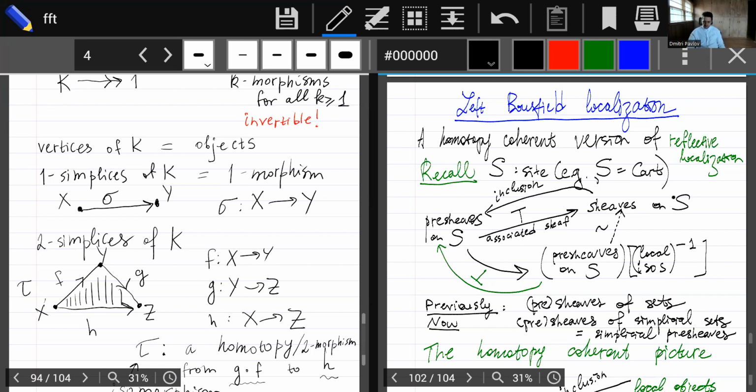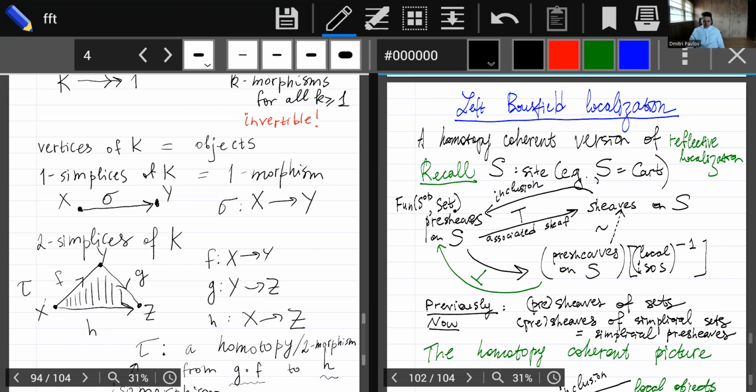Okay, so let me recall that if you have, say, some site S, for example, S can be Cartesian spaces, then I can consider the category of presheaves on S, which is defined as contravariant functors from S to sets.